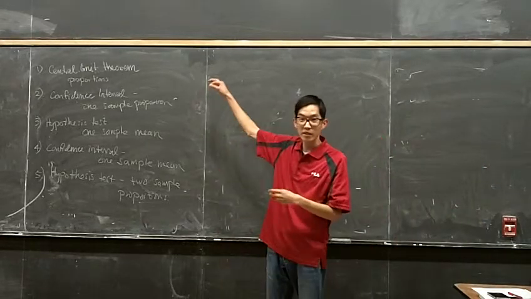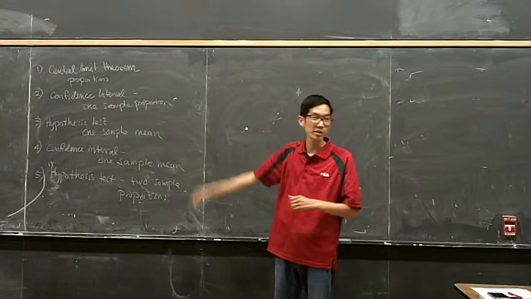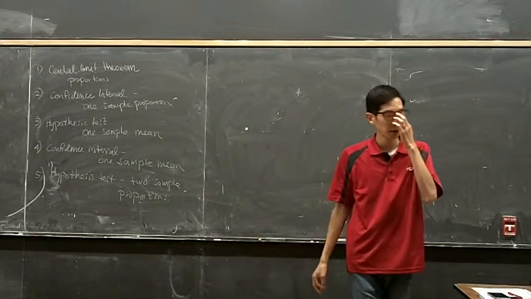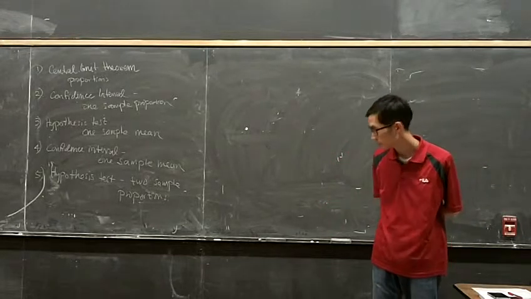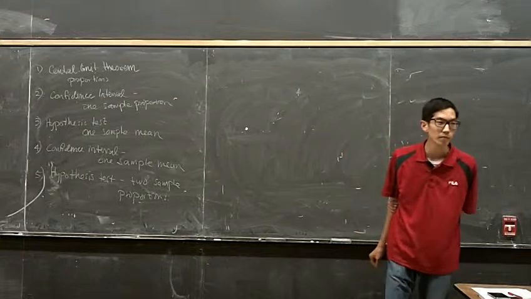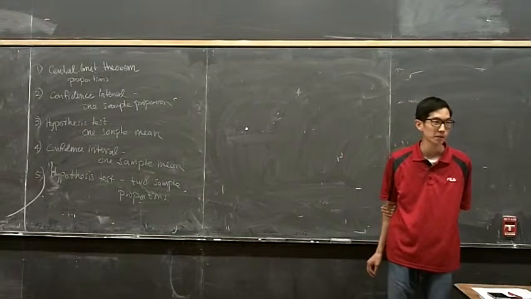Alright. Anybody have any issues or questions or problems with any of these? Yes. When we were doing one of the hypothesis tests, if you reject the null and then you have evidence, how do you explain that?